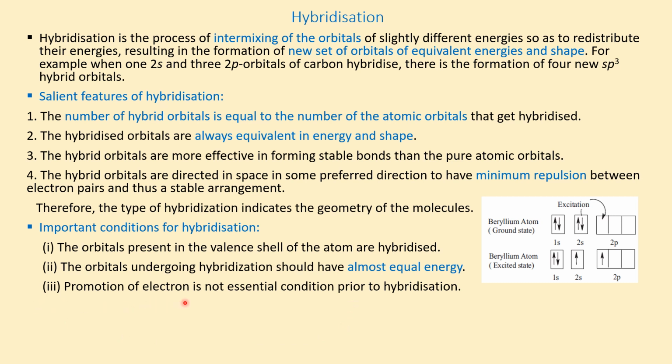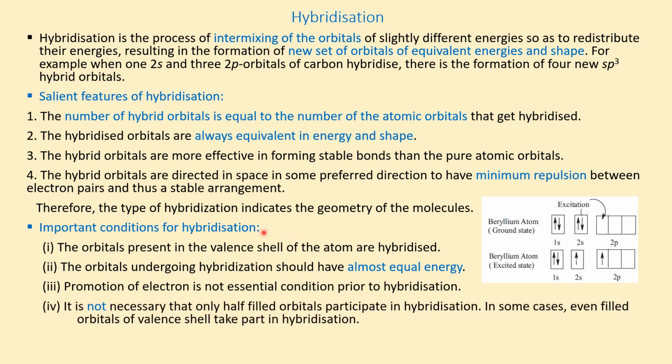Promotion of electron is not an essential condition prior to hybridization. It is not necessary that only half-filled orbitals participate in hybridization. In some cases, even the filled orbitals of valence shell take part in hybridization.